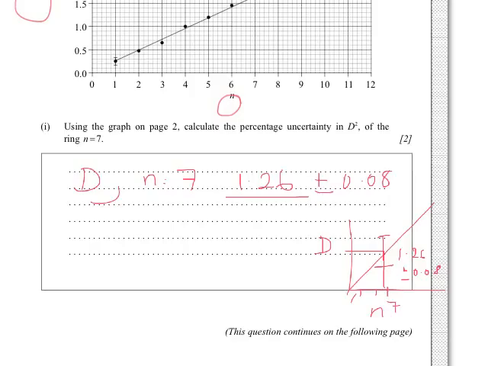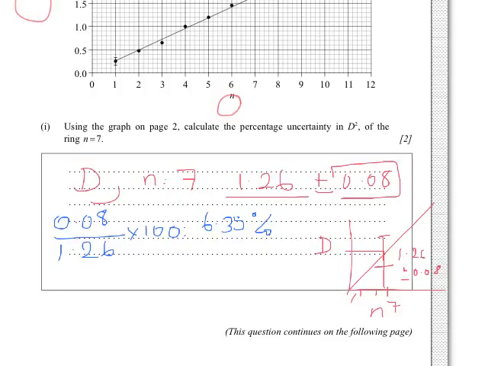If that's the first step, you have your uncertainty, and you need to work out your percentage uncertainty. So that'll be 0.08 divided by 1.26 times 100, and that gives you 6.35%. I will use the right significant figures, but I'll do that at the end. That's the percentage uncertainty for d.